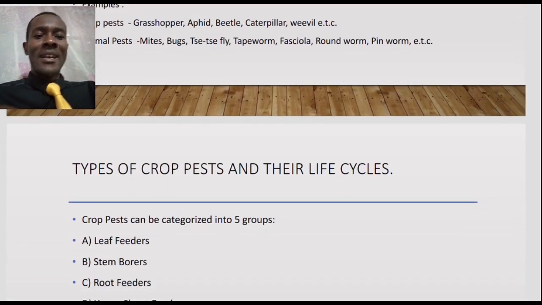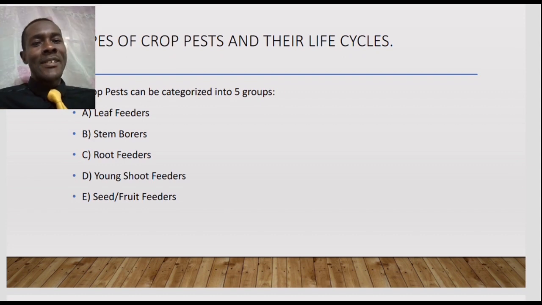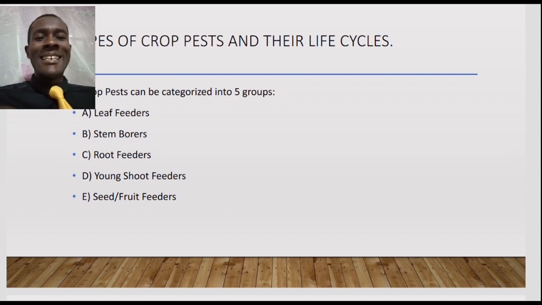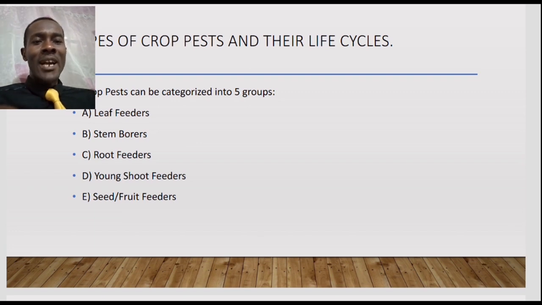But let's go ahead with the crop pest first. As I said, subsequently we'll be treating them in detail, but let's target crop pests first for now. The crop pests can be divided into 5 different types, which include the leaf feeders.